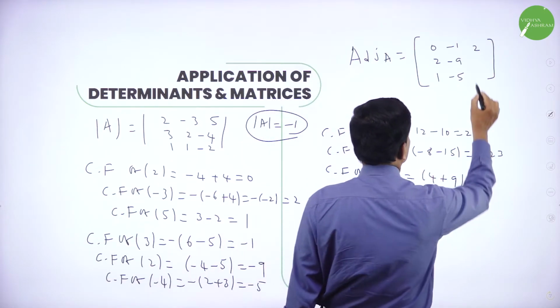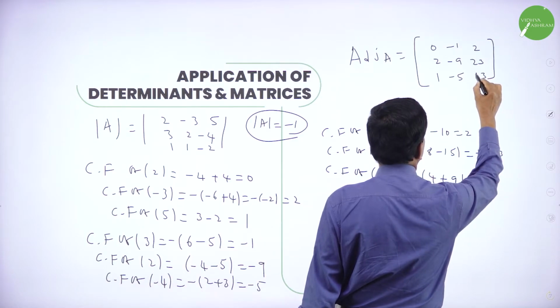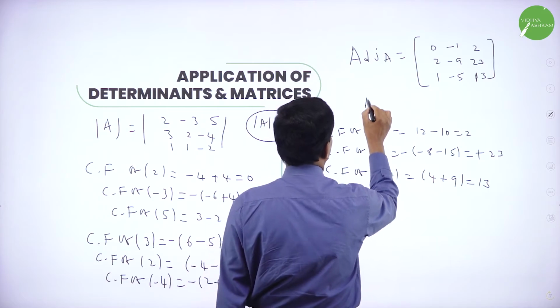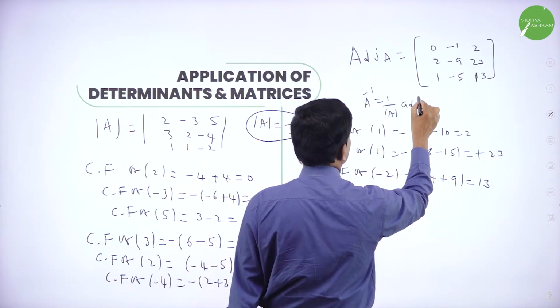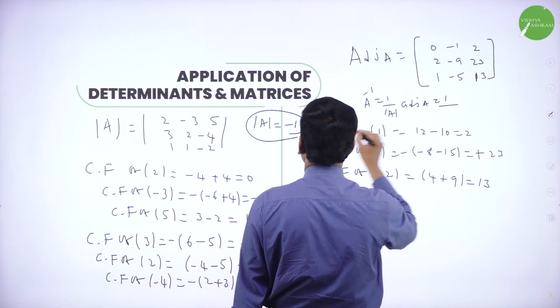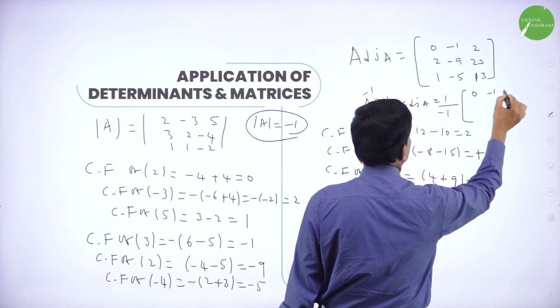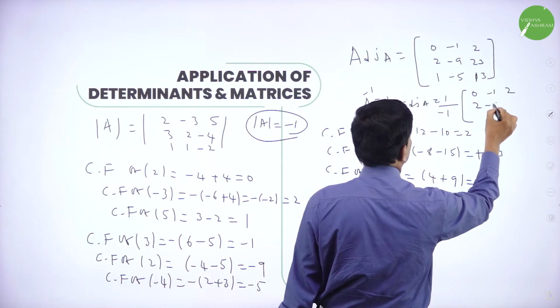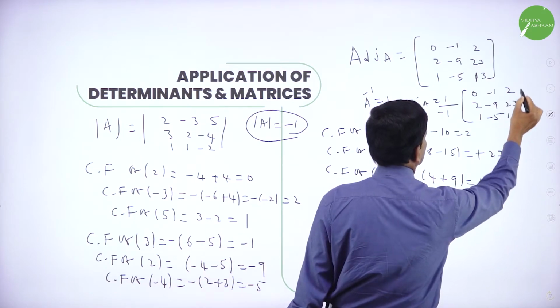So 2, 23 and 13. These are the cofactors of the adjoint. Now therefore A inverse is equal to 1 over determinant of A into adjoint of A. Determinant of A is minus 1, so minus 1 into the adjoint: 2, minus 9, 23, 1, minus 5 and 13.